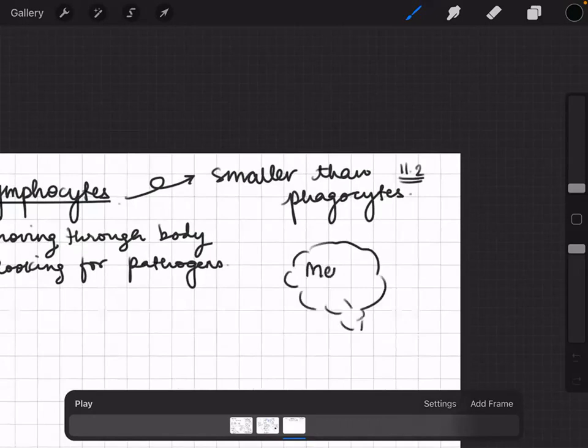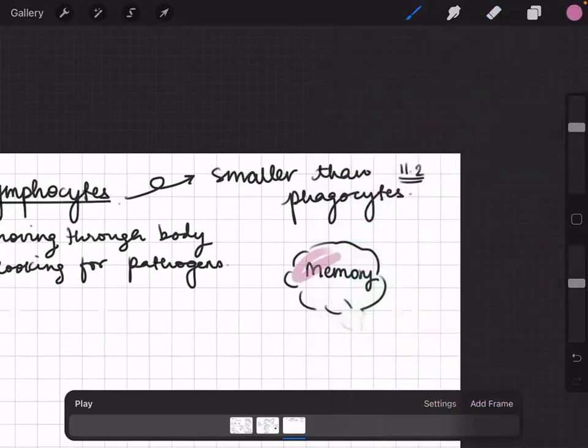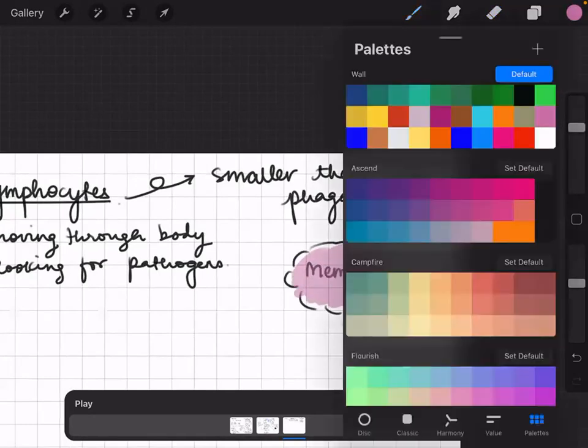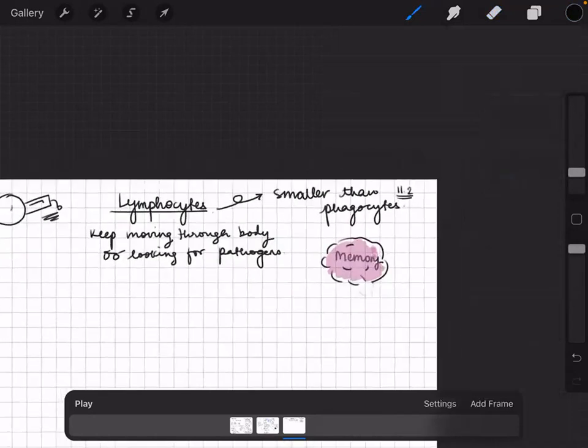So these cells contain the memory of the attack. This is supposed to be your brain, so that you remember that these are responsible for keeping a memory of all the different kinds of attacks from pathogens that may have taken place in your body. That is a very specific work of your lymphocytes.